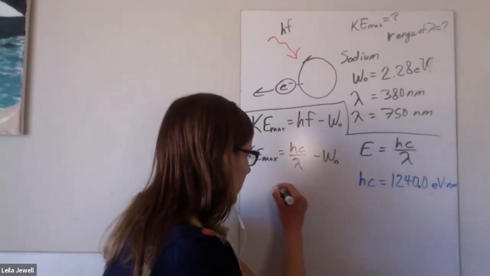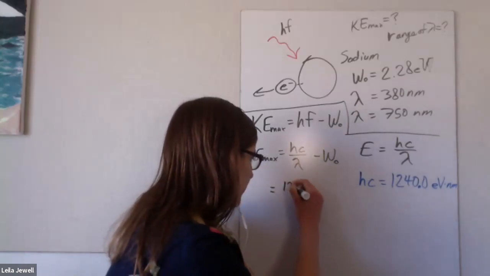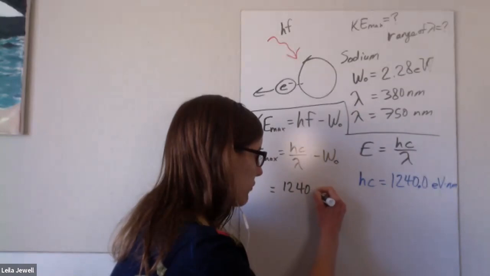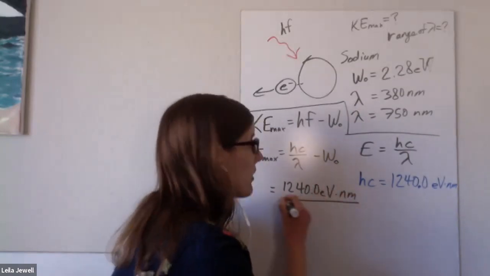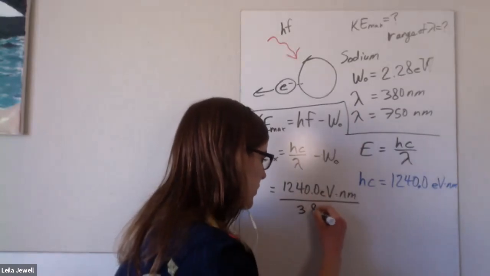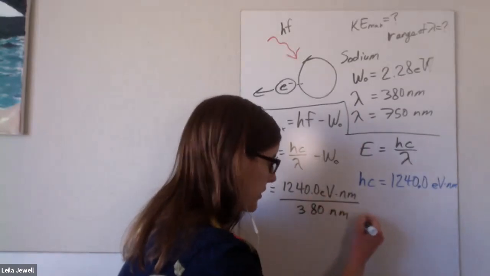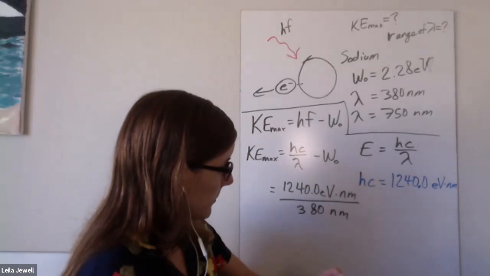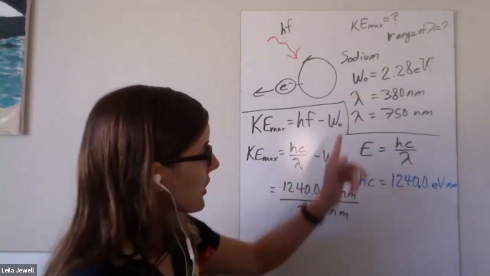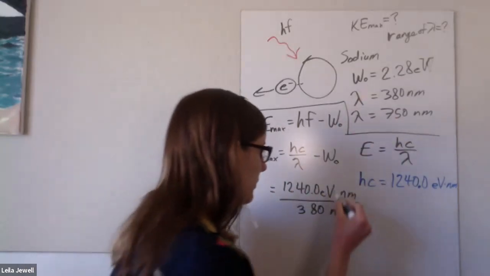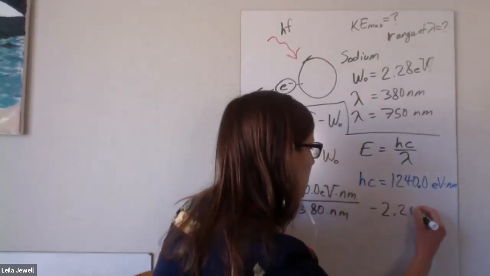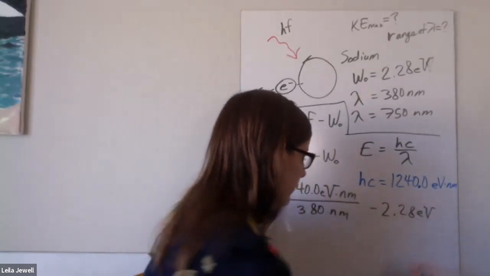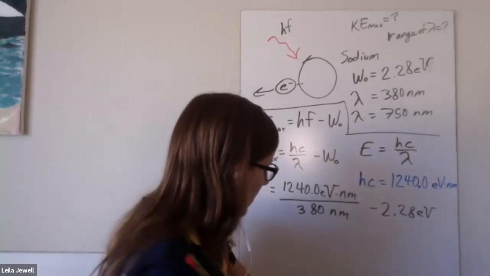Here I'm going to highlight why the 1240 can be useful. I'm going to plug in 1240.0 electron volt nanometers, and now I can plug in my 380 in nanometers, because that's the unit above. I'm also going to leave my work function in electron volts because that's the other unit that appears in this 1240 term. So minus 2.28 electron volts.